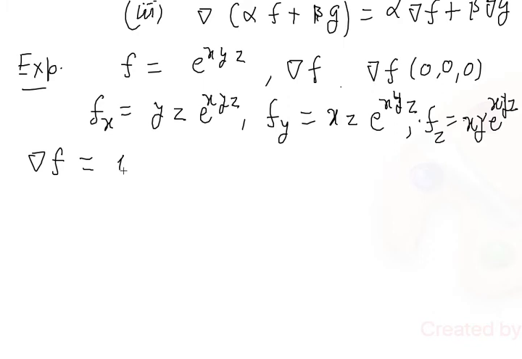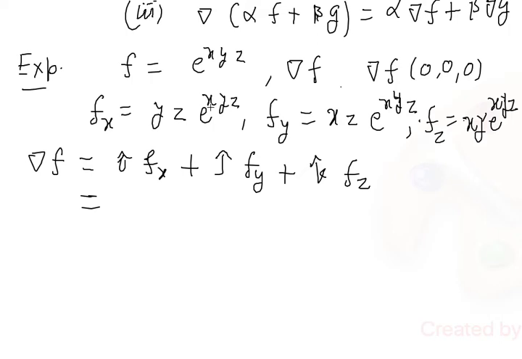Okay, so these are the partial derivatives, and by using the definition of the gradient, grad f is i times fx plus j cap times fy plus k cap times fz. So let us put in the values of fx, fy and fz.